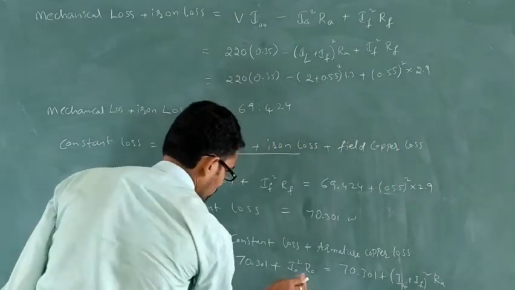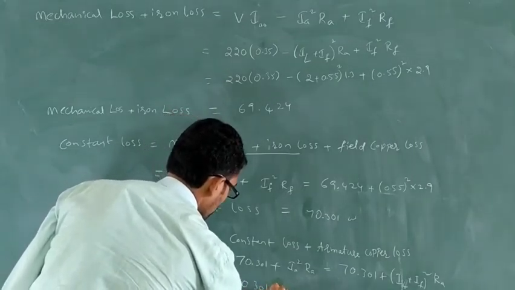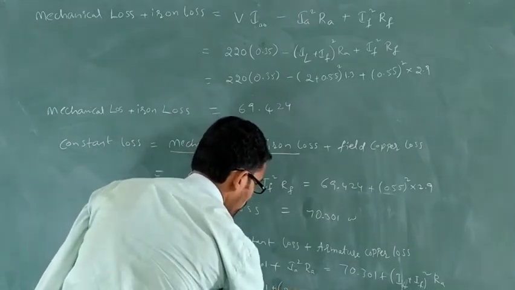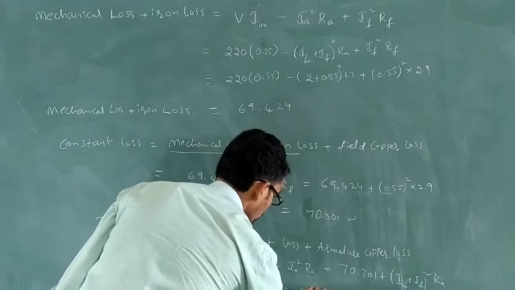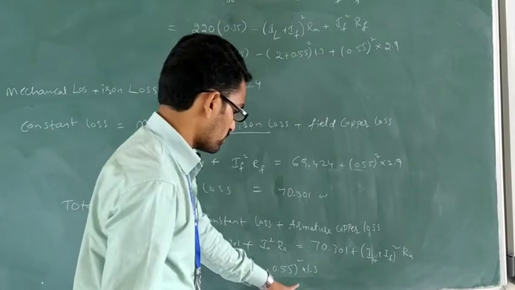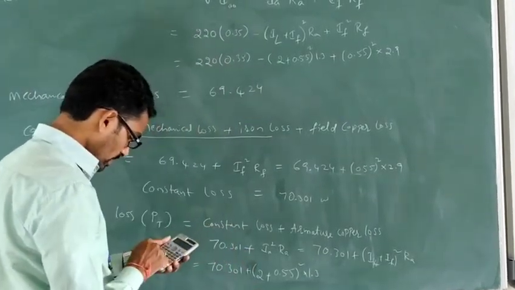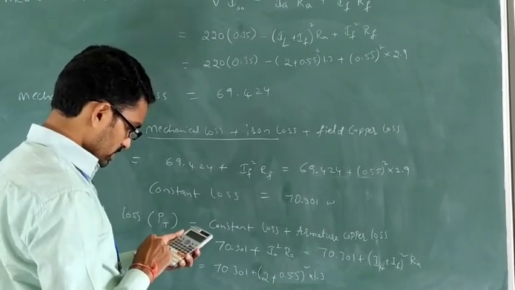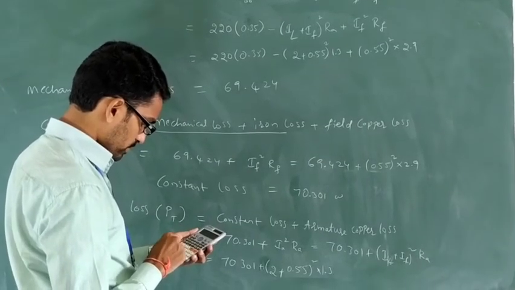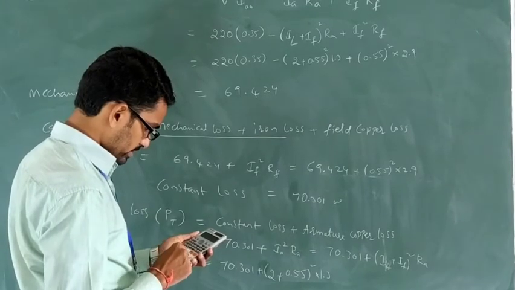So that is 70.301 plus IL, which is 2, plus IF, which is 0.55, whole square into 1.3.